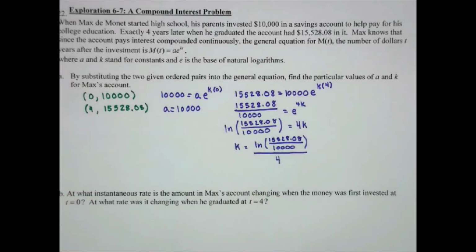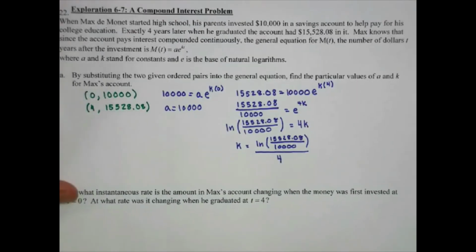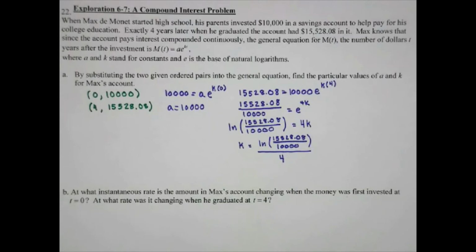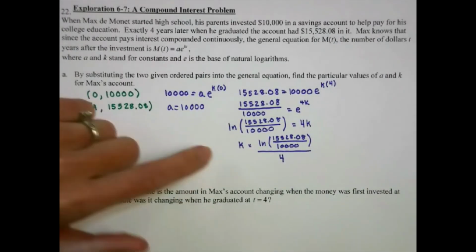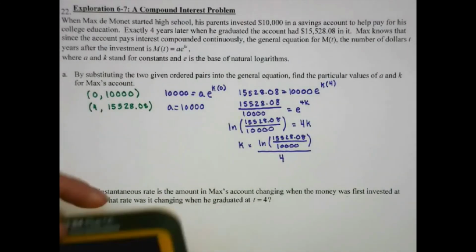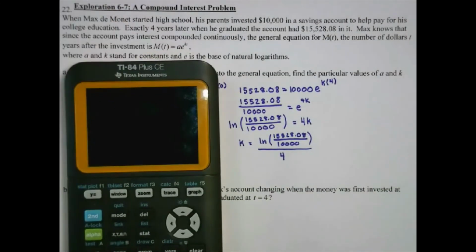Now, we're going to be using this value in follow-up questions. College Board requires calculator accuracy, which means we can't just round this off if we're using it again. So a trick is to store it in your calculator.